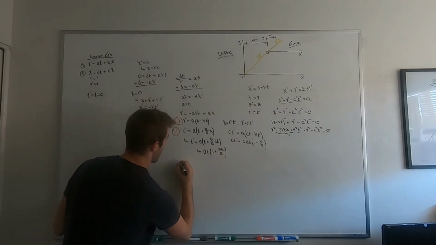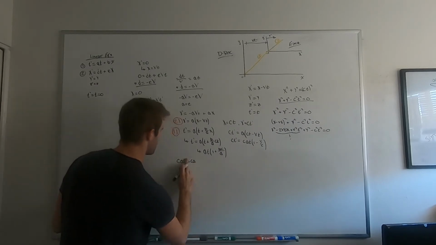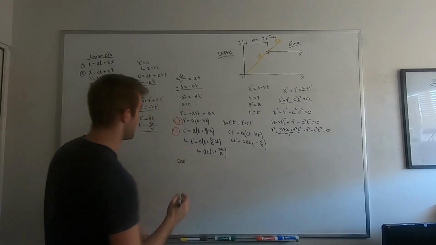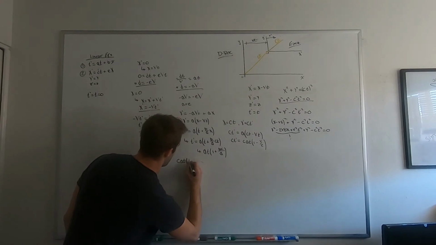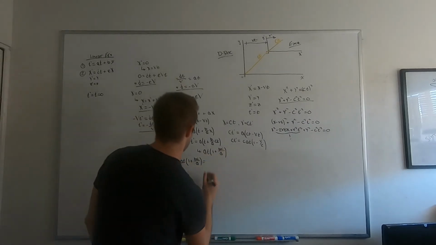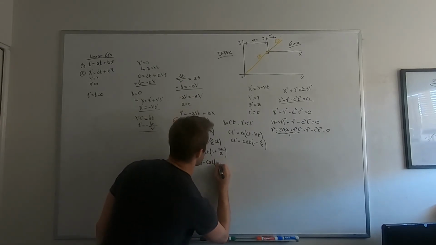So what we're going to have is, this goes over here. Well, we're just going to have cat again. Cat is equal to cat on this side. Oops, cat times 1 plus bc over a is equal to cat on this side, where we have 1 minus v over c.